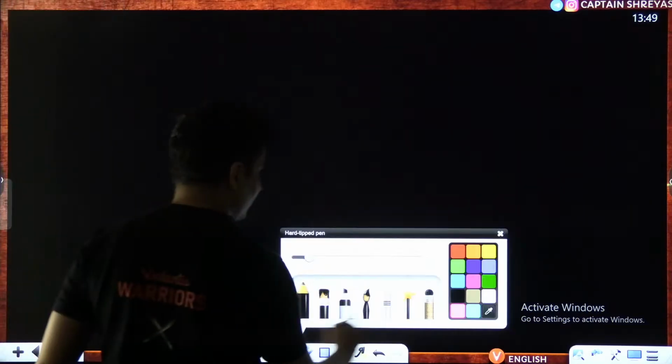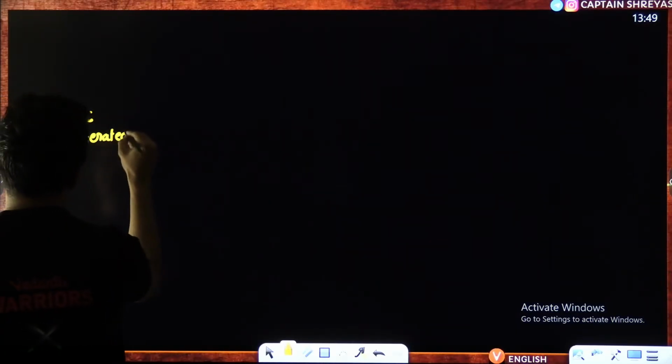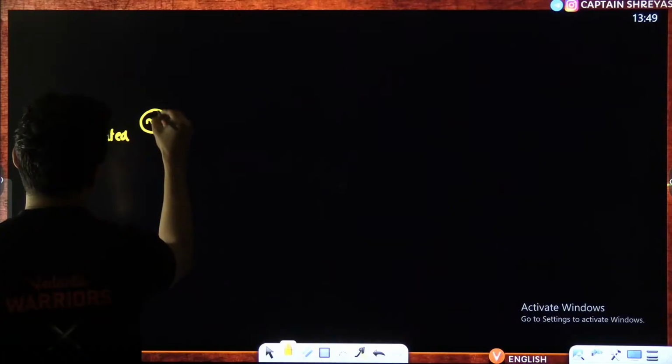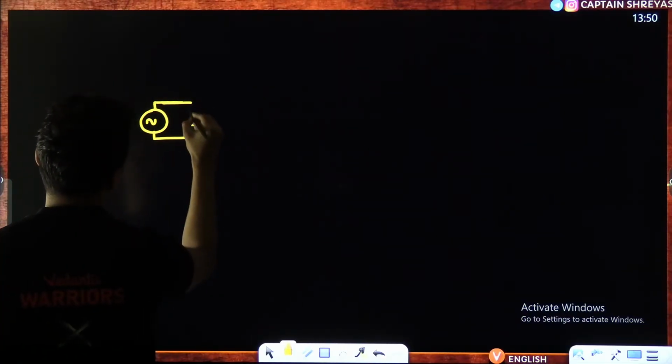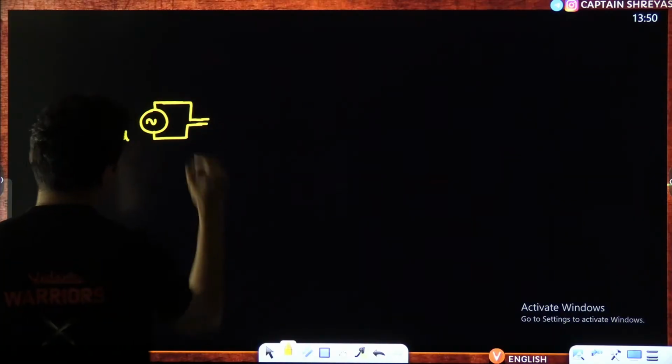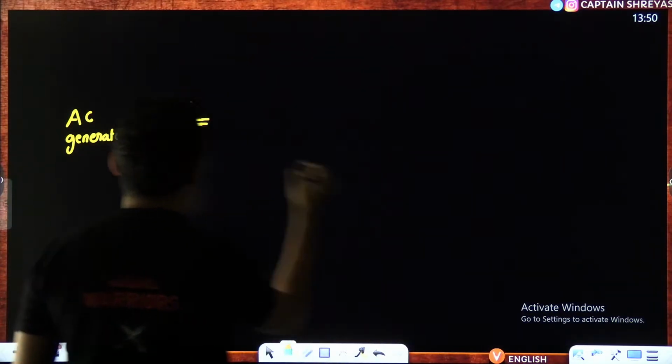So wherever your electricity is generated, AC is generated over here, and you will see that it will enter a step up operation.